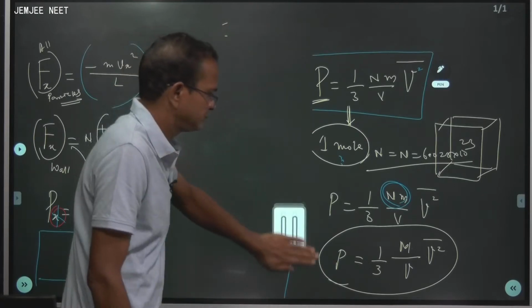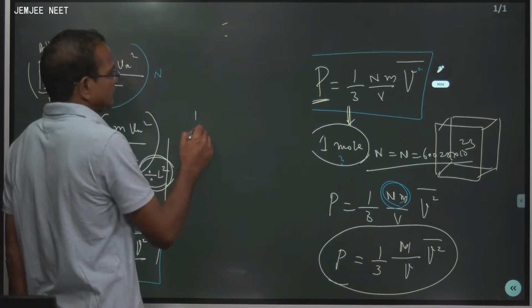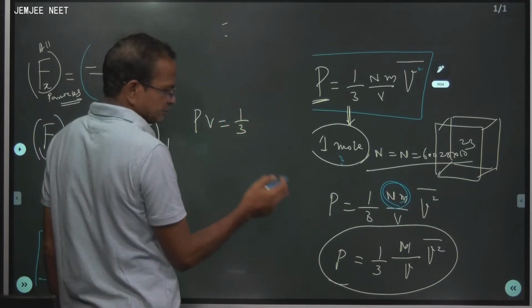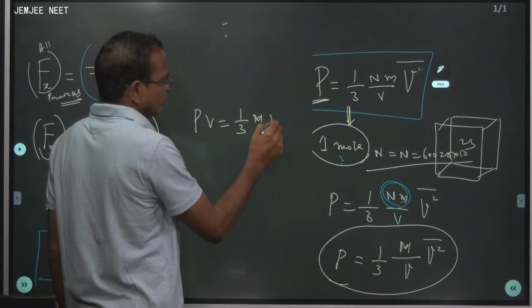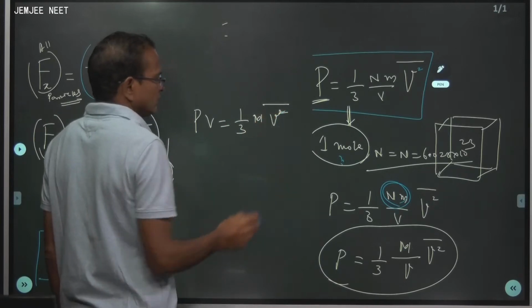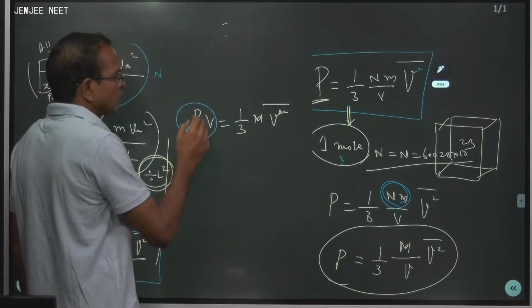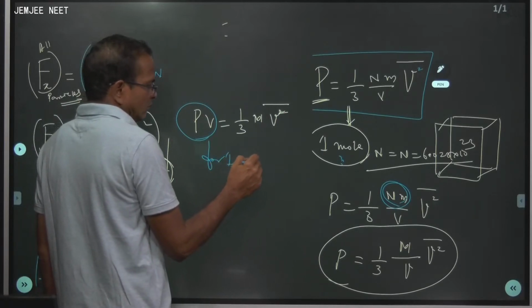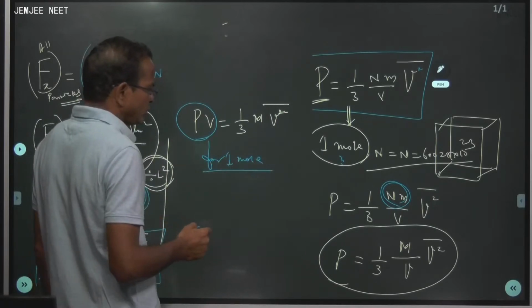Pressure times volume, PV, is equal to 1/3 M V square bar. Now what is PV for 1 mole?